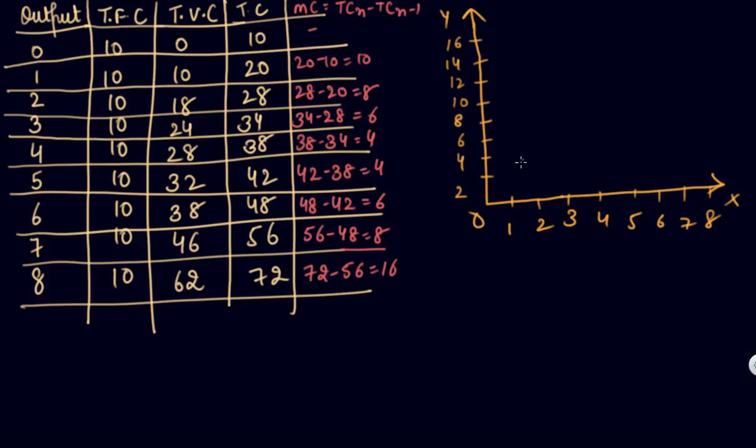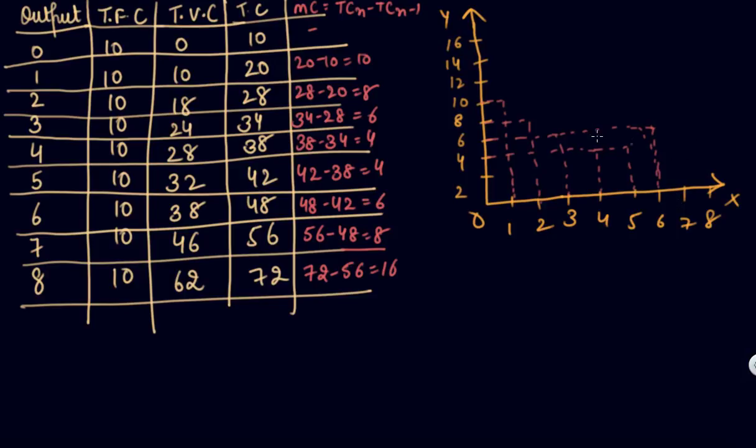Let's make the graph now. At output 1, your marginal cost is 10. At output 2, it is 8. At output 3, it is 6. At output 4, it is 4. And then 4 again at output 5.